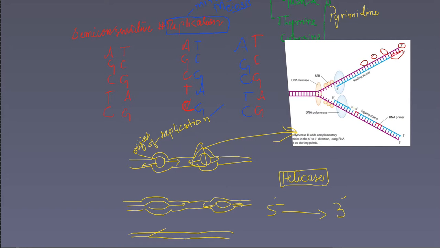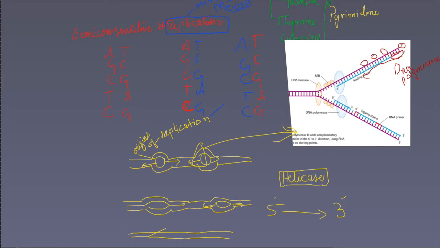And another enzyme, one of the most important key enzymes in the replication process, is the DNA polymerase. When it sees there's an RNA primer right here, the DNA polymerase comes, attaching itself, and as it's going, you can view it as sliding all the way down here.